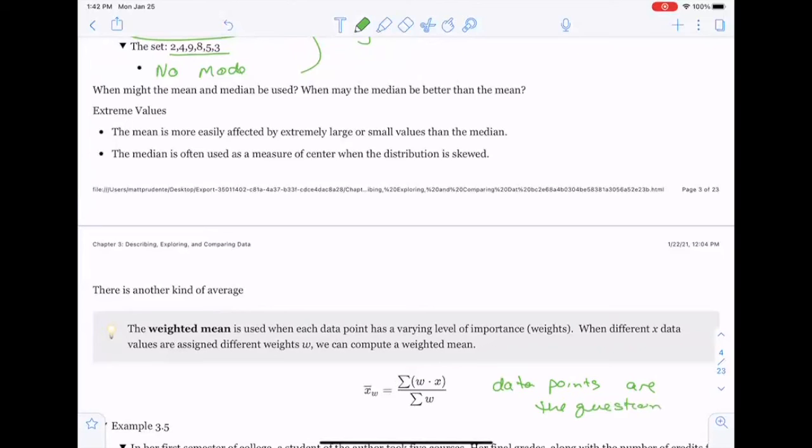The question will say, find the weighted mean of body heights, or find the mean of grade point averages, for example. So the grades themselves are the data points. The other things in the problem are the weights.